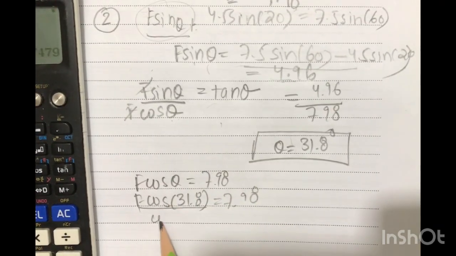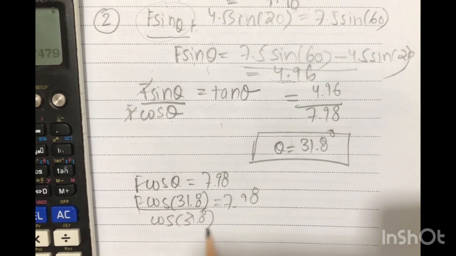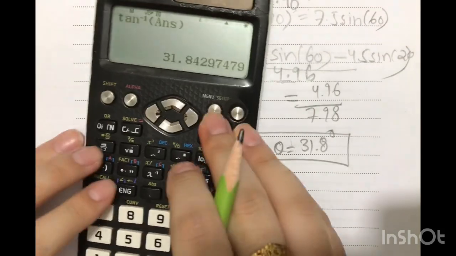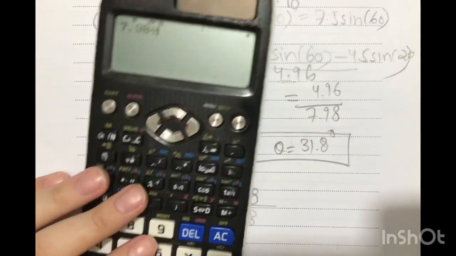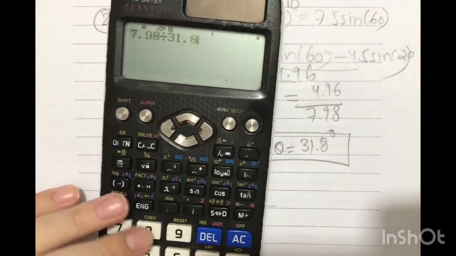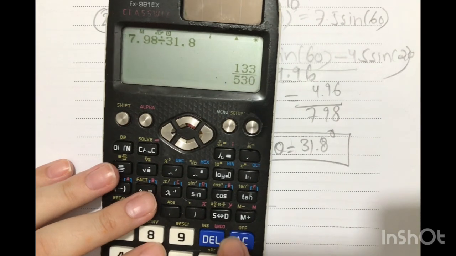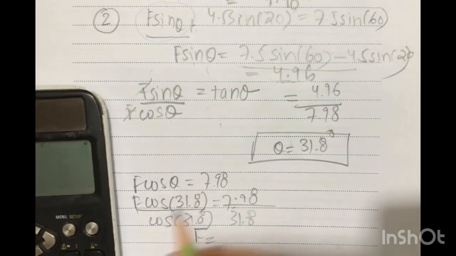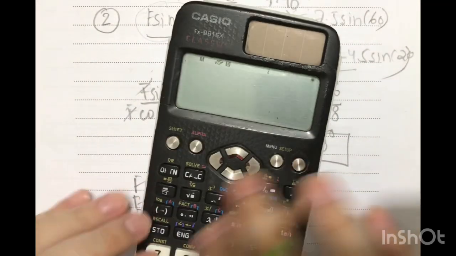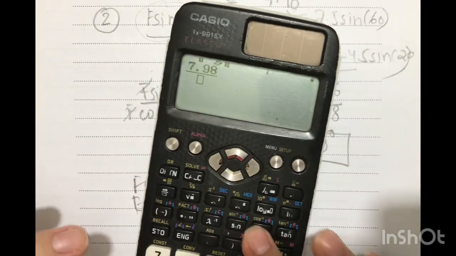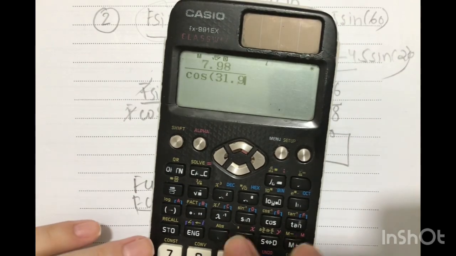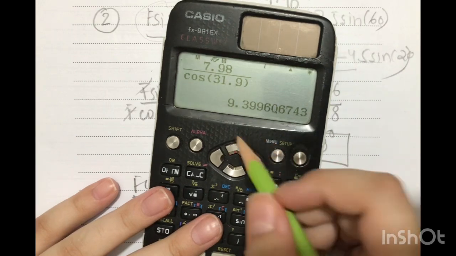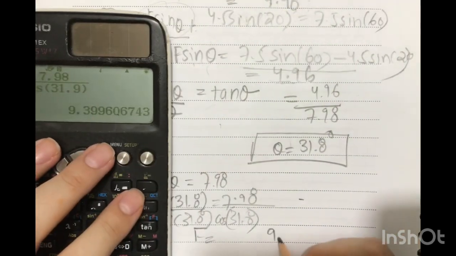We divide both sides by cos 31.8, my bad. So F is equal to 7.98 divided by cos 31.8, which is 9.39. So we can write it as 9.4 Newtons.